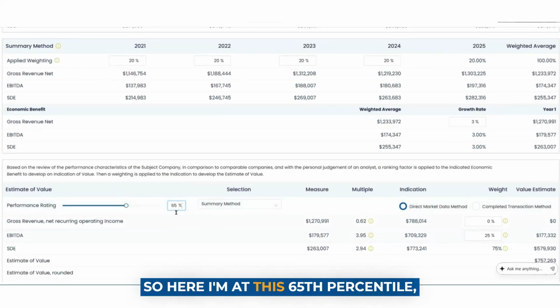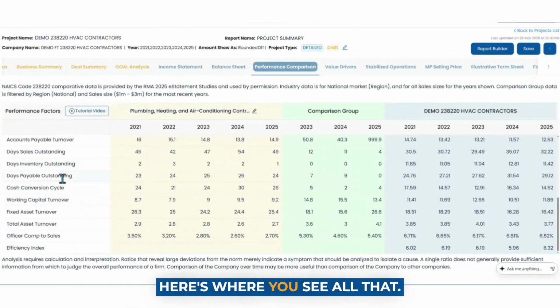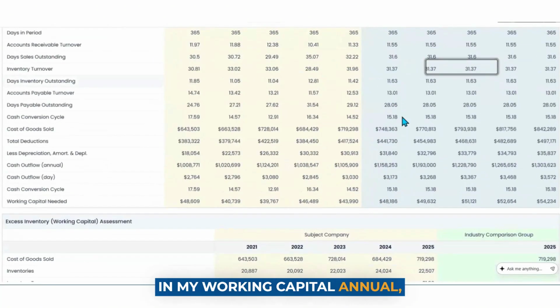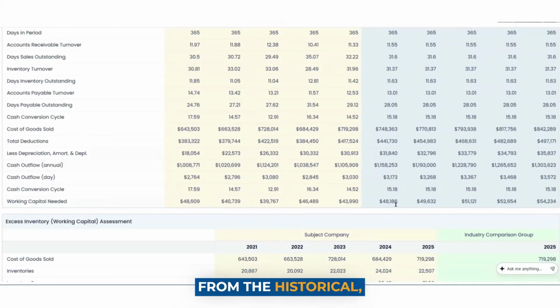So here I'm at this 65th percentile, and let's say that we'll leave this at a 75% weighting on EBITDA and seller discretionary earnings. Here's where you see all that, my cash conversion cycle of 14.52 days. I would look at it in my working capital annual, and I get my cash conversion cycle, which is weighted from the historical, and it suggested that 48,000.